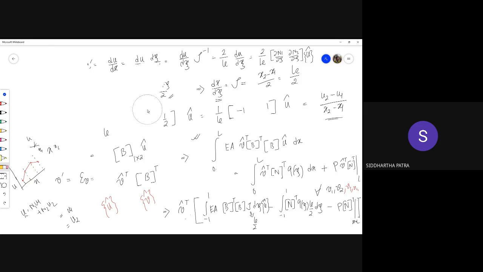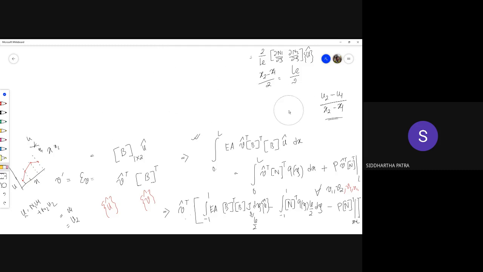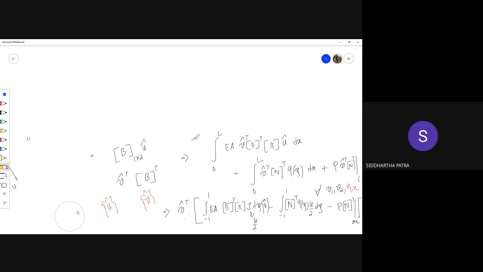So you do understand that u hat and v hat are not functions of x, and they very easily come out of the integration all the time. Now what you would do is, we would perform this integration, j being le by 2.